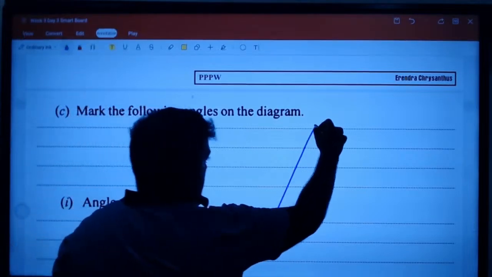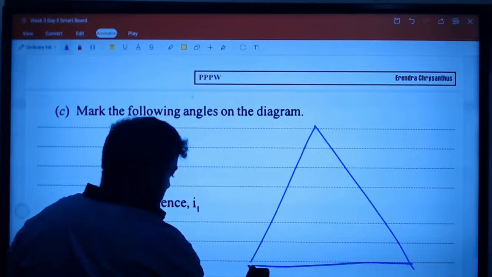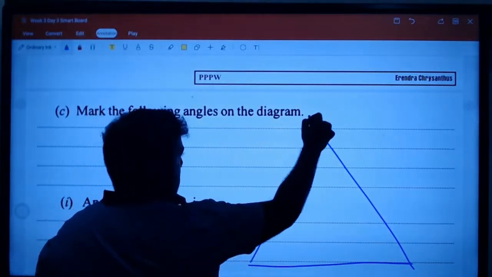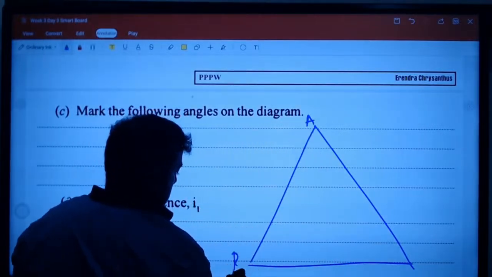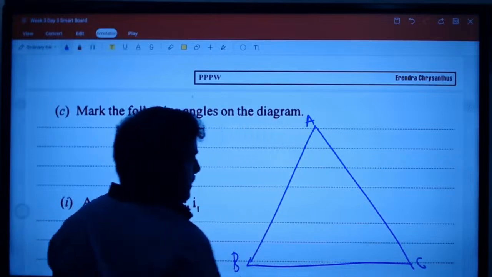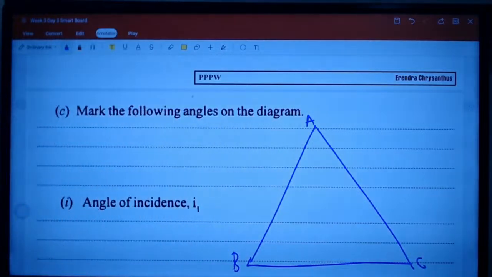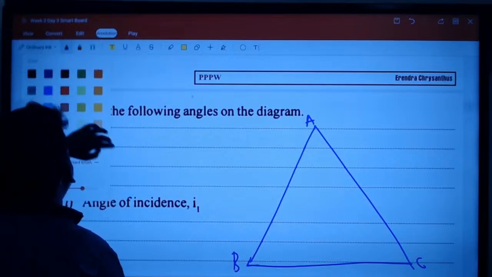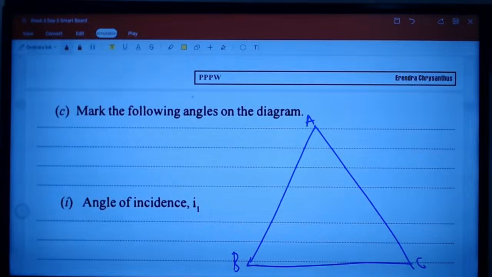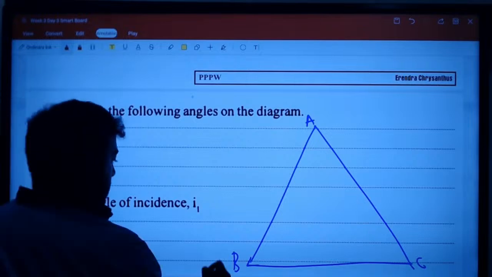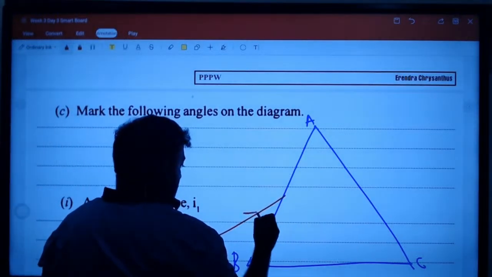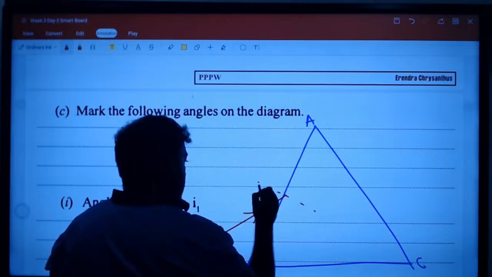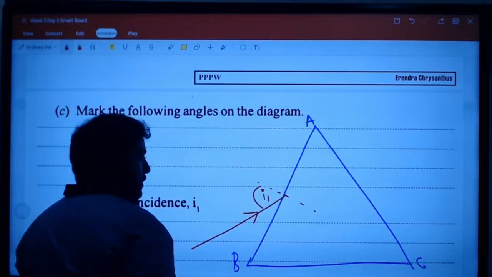So here you go. Now, light ray here, I1.